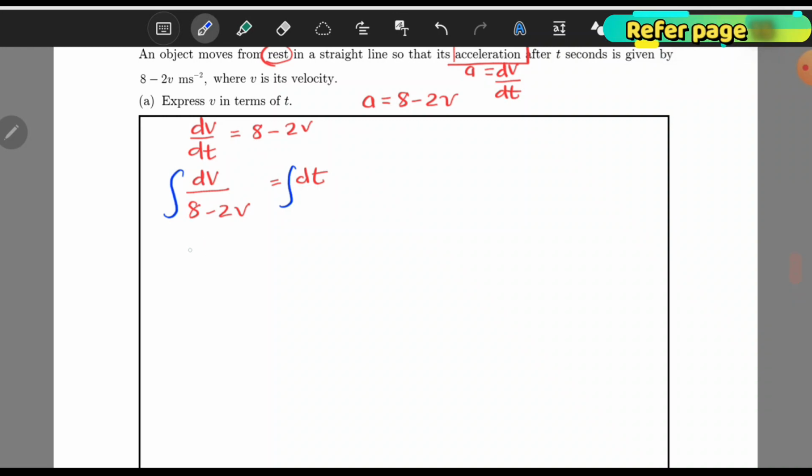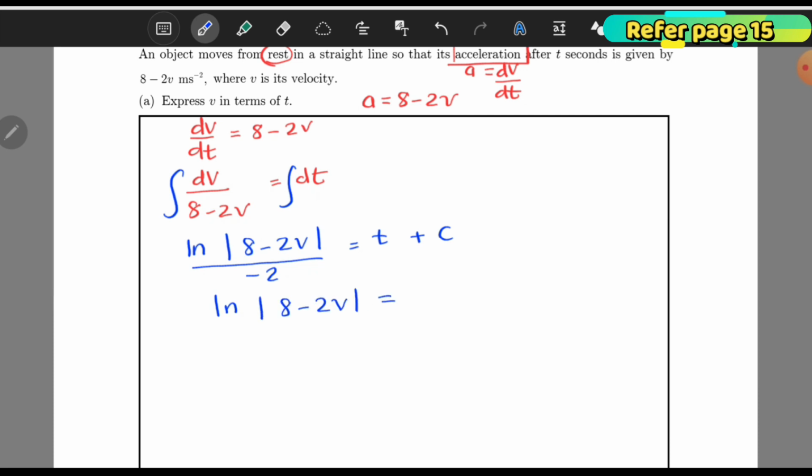So we have ln|8 minus 2v|, don't forget, we need to divide by negative 2, equal to t plus c. And ln|8 minus 2v| equal to negative 2t minus 2c. By taking exponent, 8 minus 2v is e to the negative 2t minus 2c.